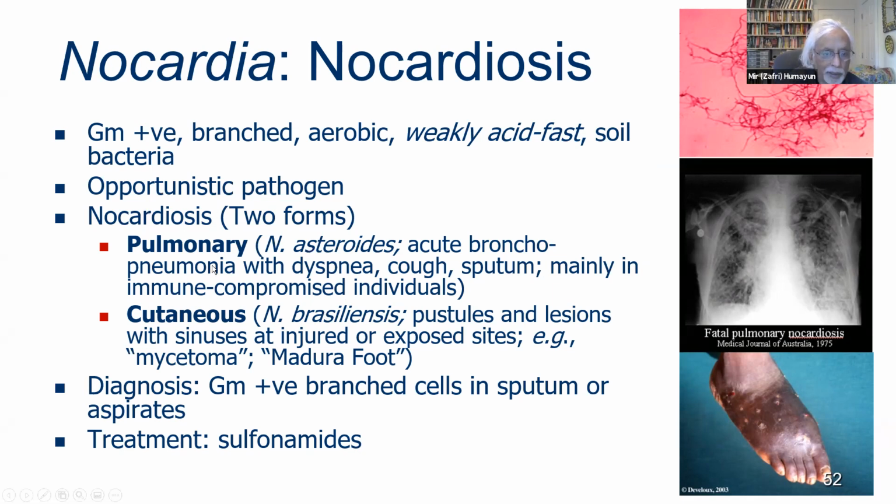The other nocardiosis is the cutaneous form, and that is caused by the strain Nocardia brasiliensis. Nocardia brasiliensis typically affects feet. Okay? Shown here at the bottom right. It's also called the Madura foot.